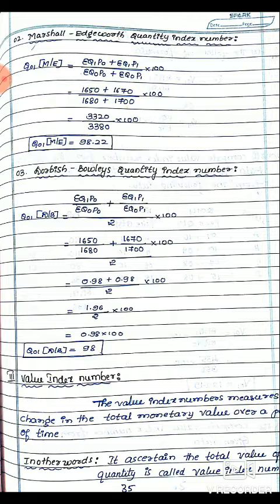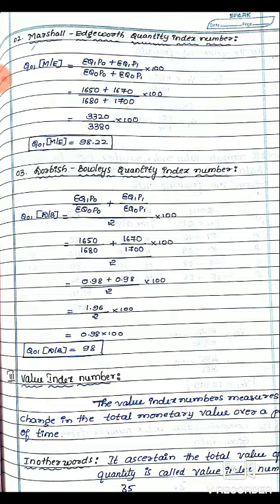So then you can take the sigma Q1 P0 value is 1650 plus 1670, that is the sigma Q1 P1 value, divided by 1680 value of sigma Q0 P0 plus 1700 value of sigma Q0 P1, so into 100.